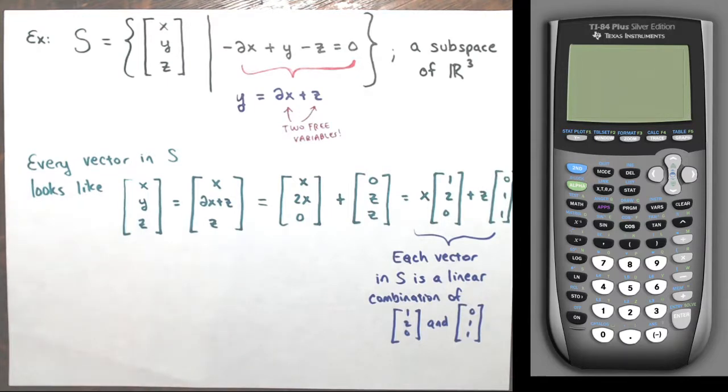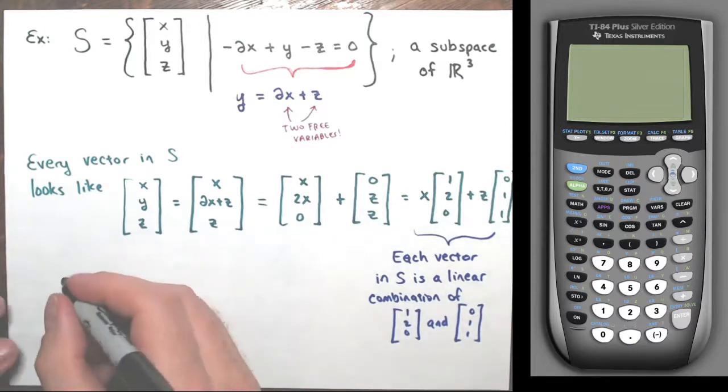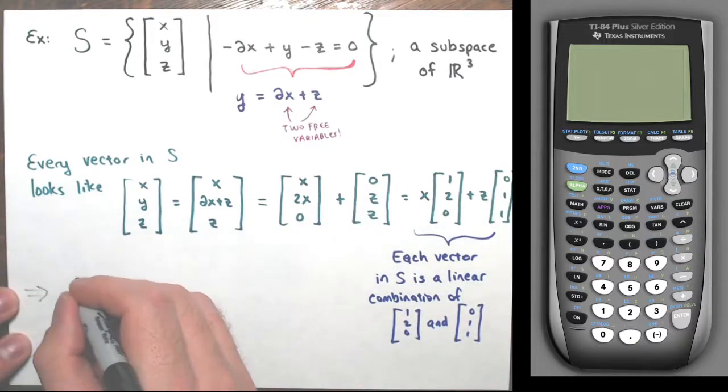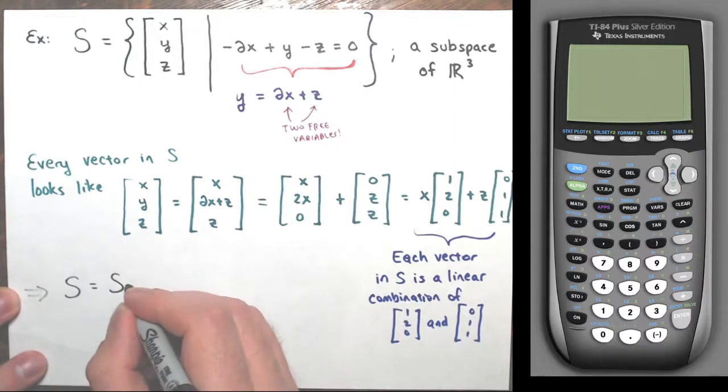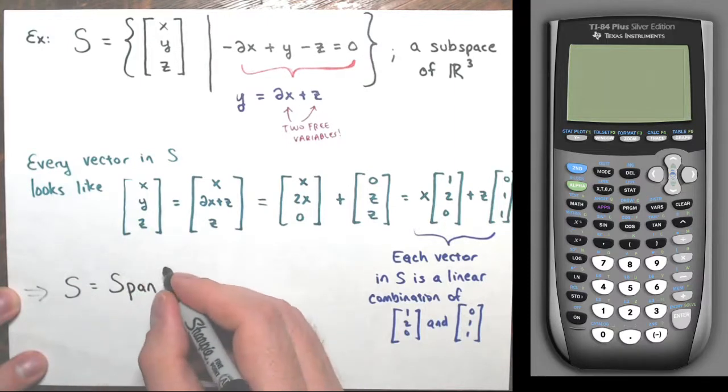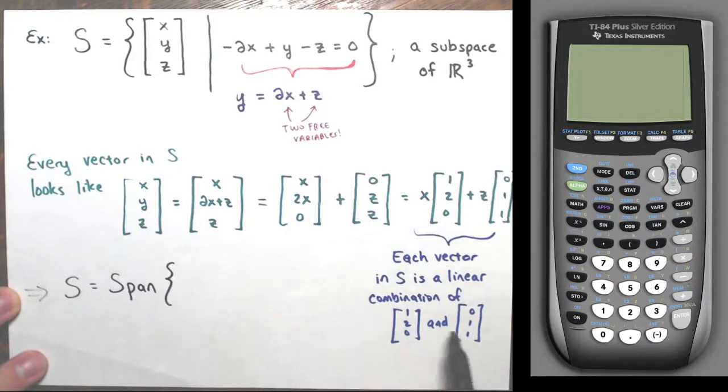Well, great. So we would say that S is equal to the span of those two vectors, the span of the set with these two vectors in it.